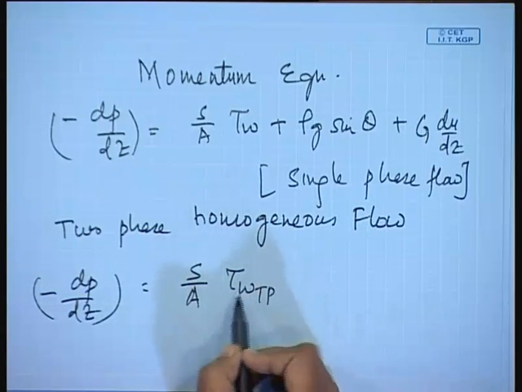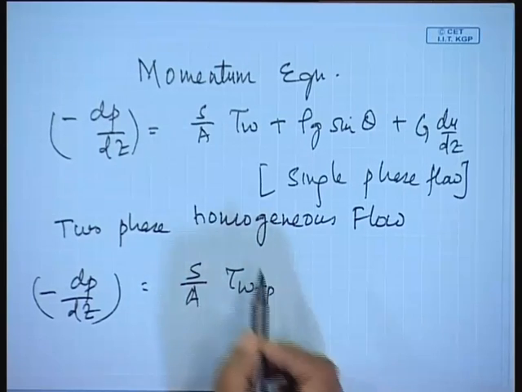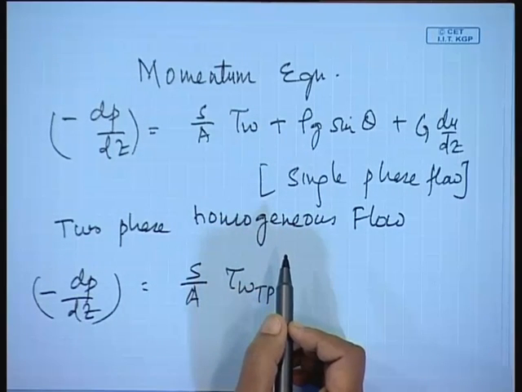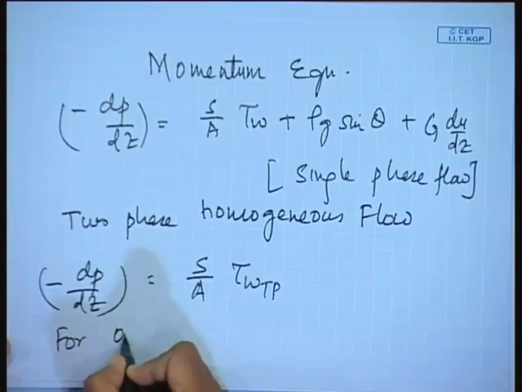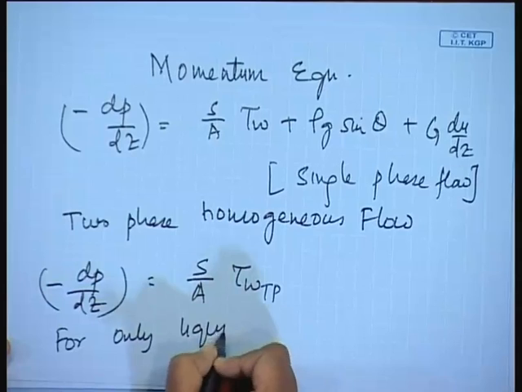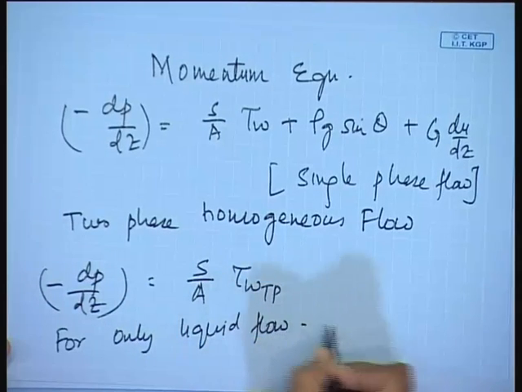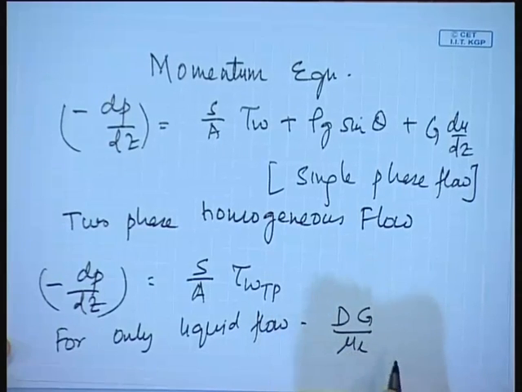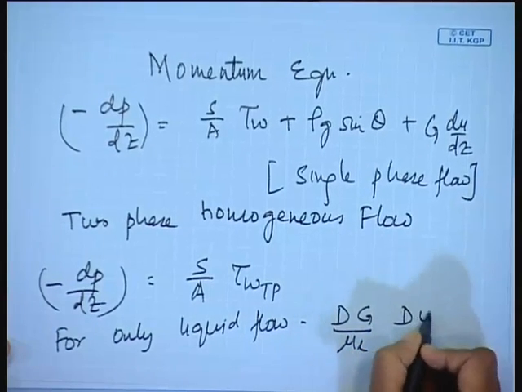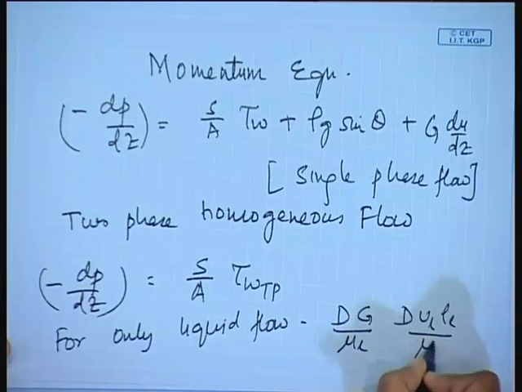Because tau W two phase, or rather any wall shear stress, is a function of friction factor. If it is a function of friction factor, it is a function of Reynolds number. If it is a function of Reynolds number, then try to remember, for only liquid flow, what is Reynolds number? It is dG by mu L, or in other words d u L rho L by mu L.